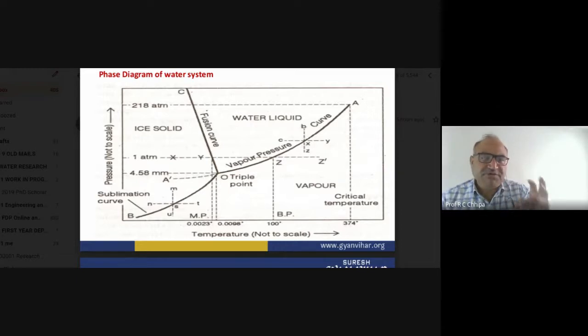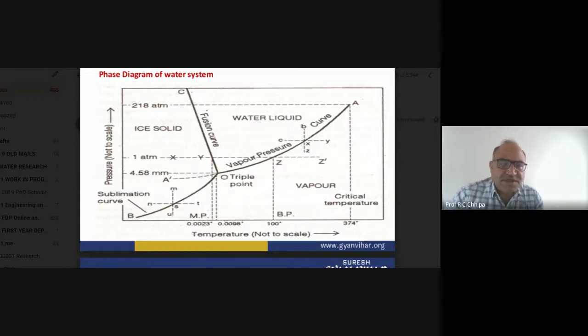Here three different heterogeneous systems occur. The fusion curve is where solid and liquid coexist. In the case of the vapor pressure curve, the boundaries of the curve have liquid and vapors, so water liquid as well as water vapors are there.